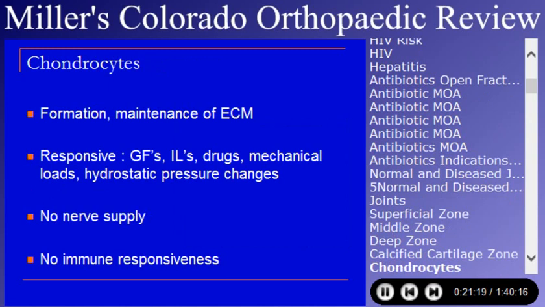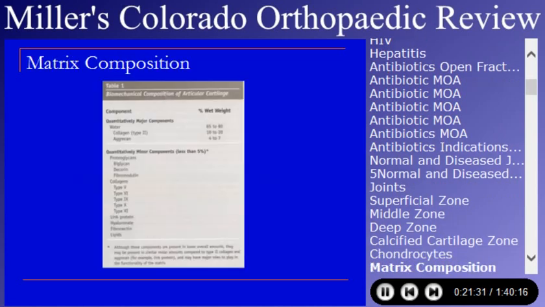There is not a nerve supply, and immunoglobulins are too large to pass into it, so there is relatively little immune responsiveness. The composition is mostly water, 65 to 80% water, varies with age. Collagen is type 2, bone collagen is type 1.